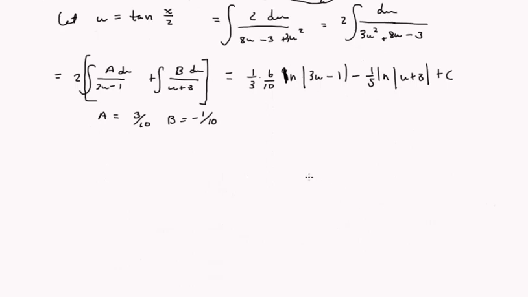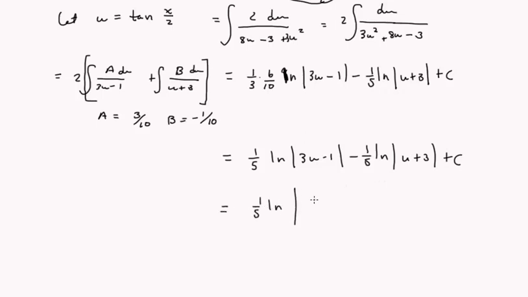which then equals 1/5 natural log 3u minus 1 minus 1/5 natural log u plus 3 plus c. We can combine these and say 1/5 natural log 3u minus 1 over u plus 3 plus c.